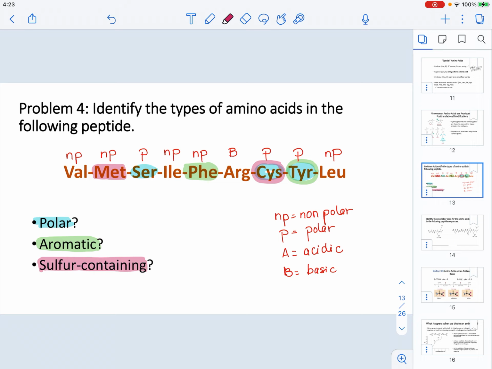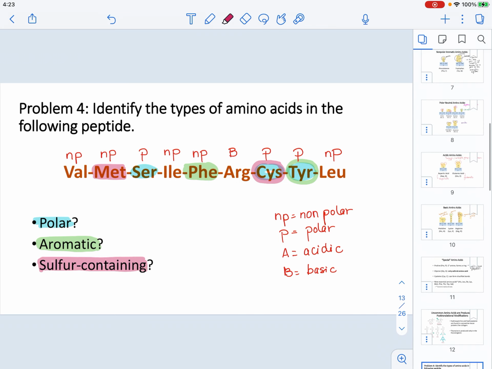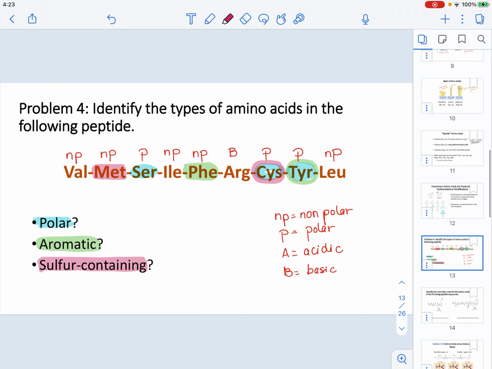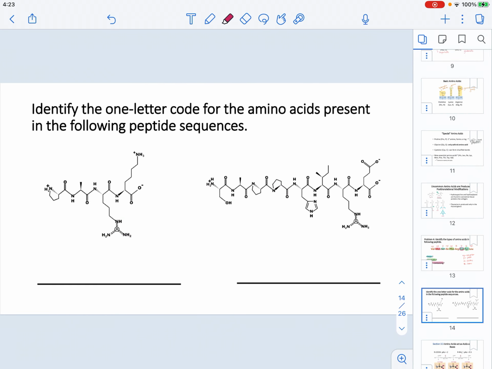Now, there is another type of problem that you have to be able to identify. And that is, if you are given a peptide, can you identify with the one-letter codes the amino acids that are present in a given peptide?